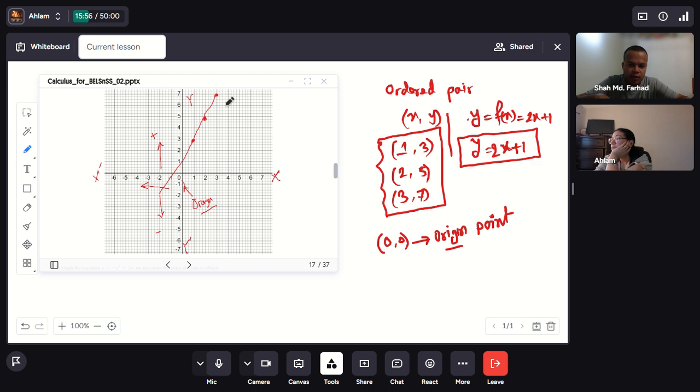Basically that is the graph of f of x equals 2x plus 1. Okay, is it clear to you?